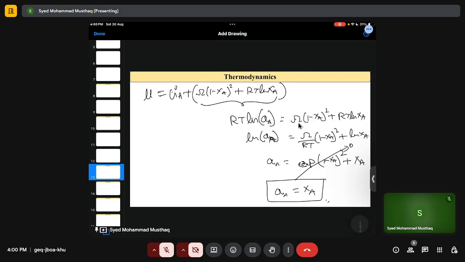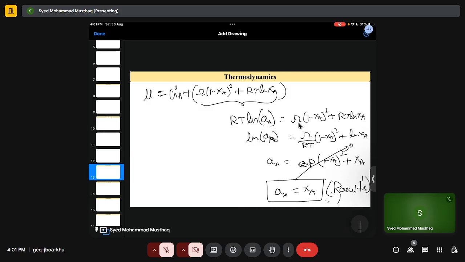What is Raoult's law? Gosh, I forgot Raoult's law. What is exactly Raoult's law spelling? R-A-O-U-L-T-S. Pardon me for my spelling, maybe I'm wrong.